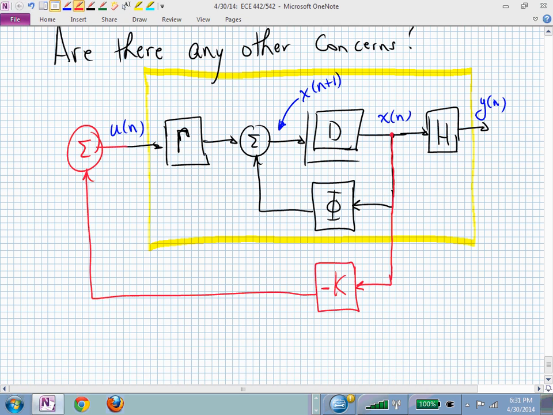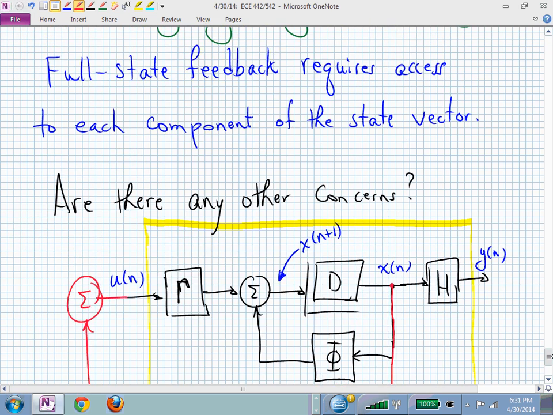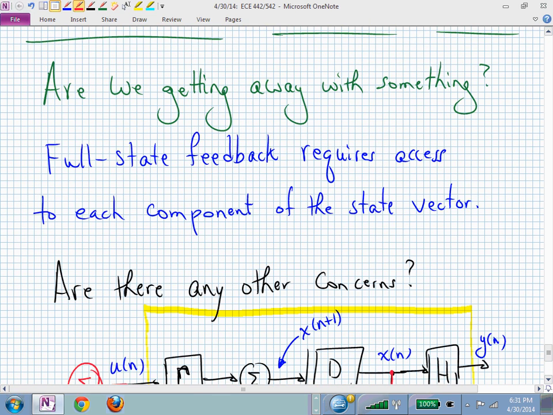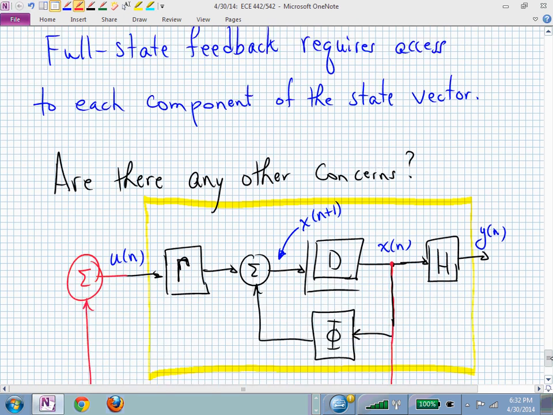Does this picture provide you any more insight into us getting away with something? So let's look at the picture a little bit more.